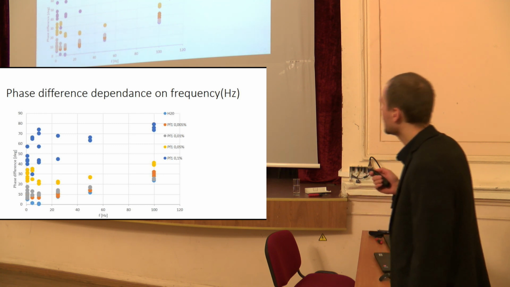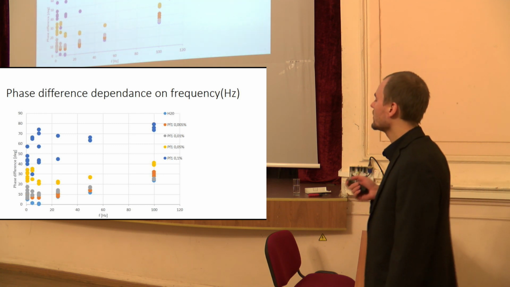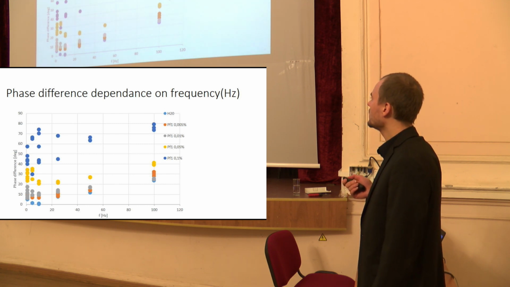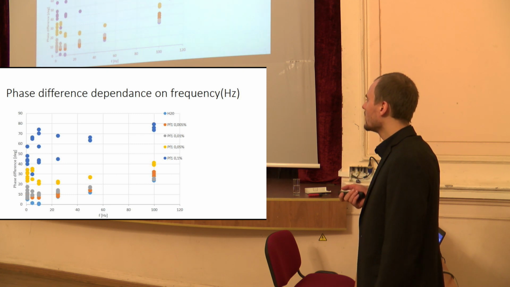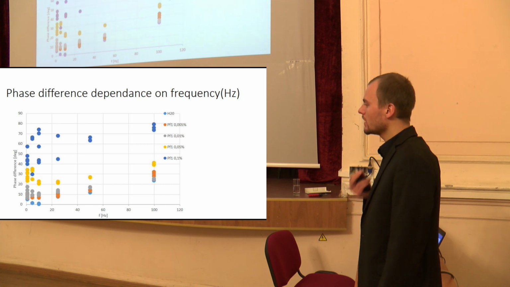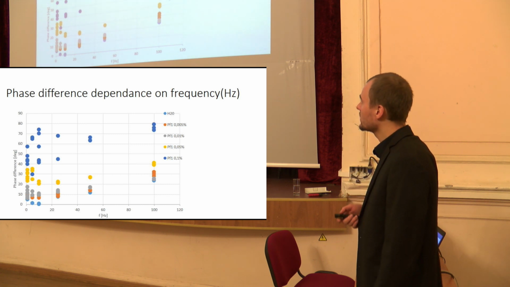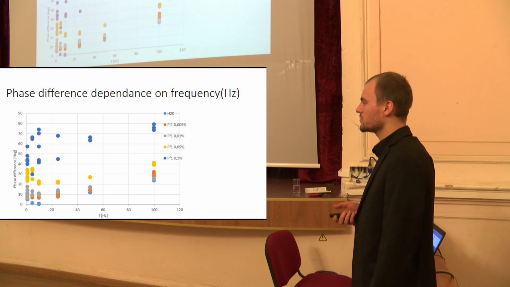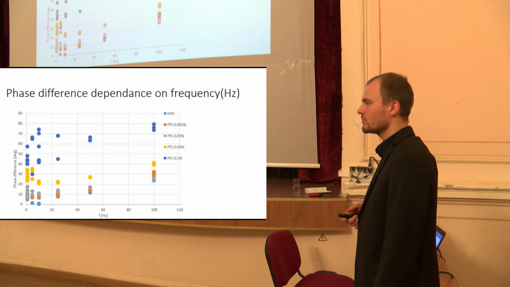And for a more viscoelastic medium, when we introduce the PF1, the phase difference also increases. We have not yet compared these data to the previous measurements, but that's expected to be done. So, thank you.